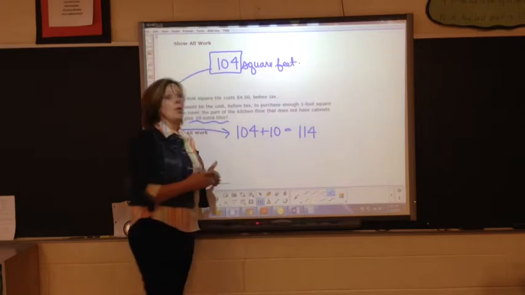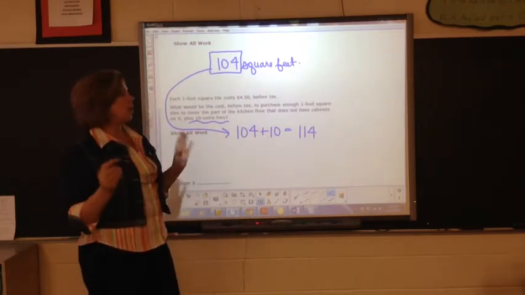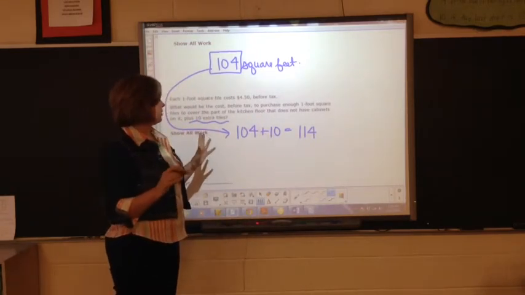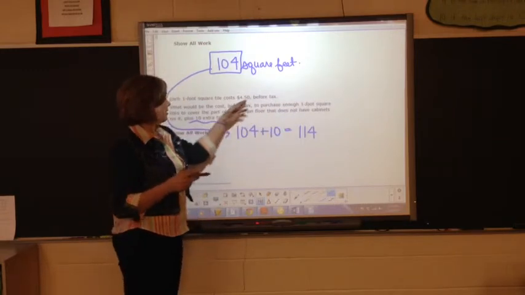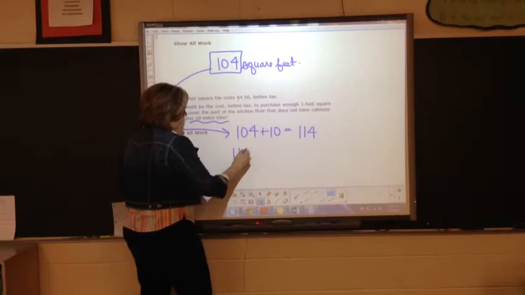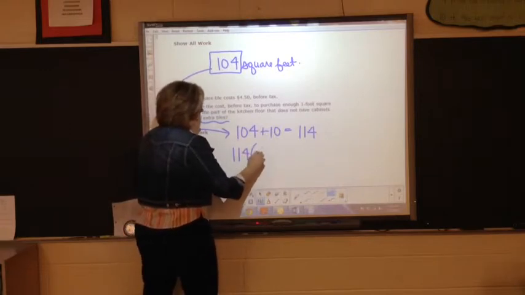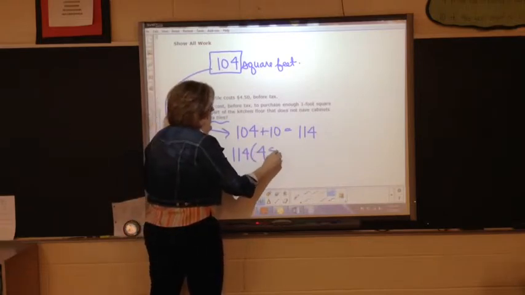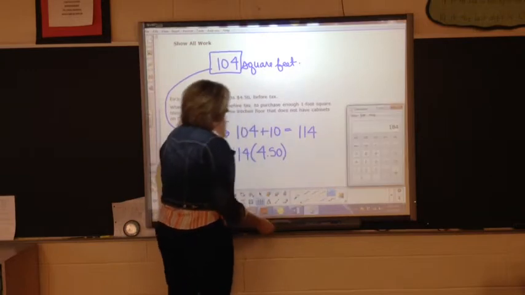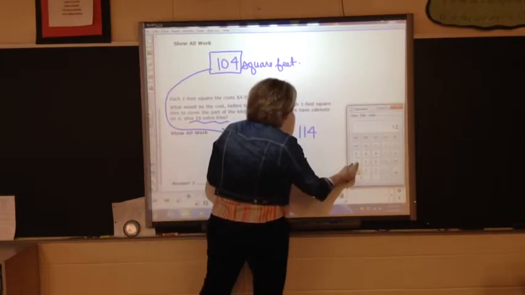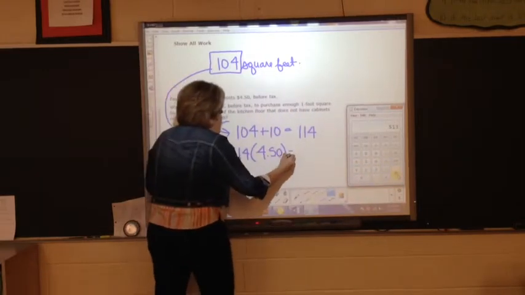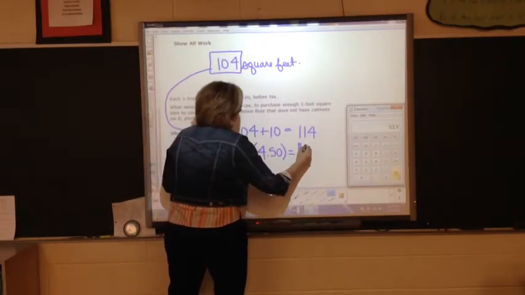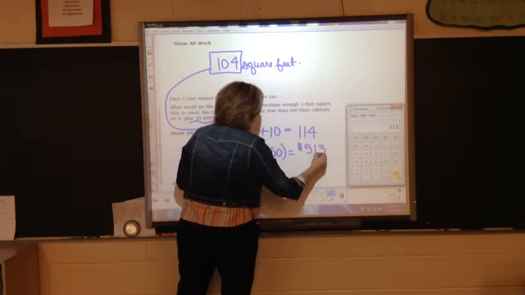So I need a total of 114 1 square foot tiles, or a total of 114 times the $4.50. So 114 tiles times $4.50 each. Pulling up my calculator, 114 times 4.5 equals $513.